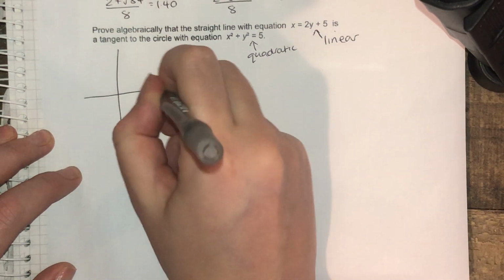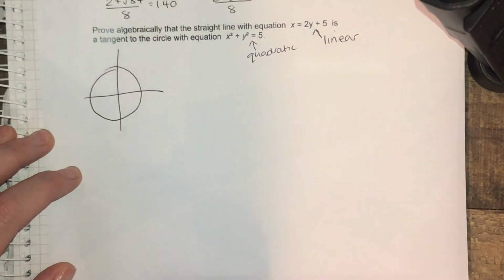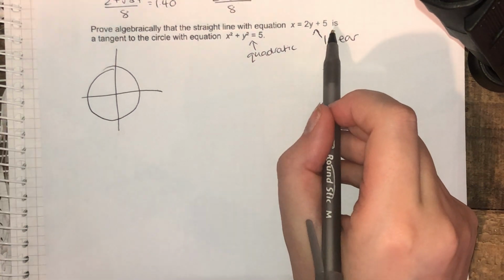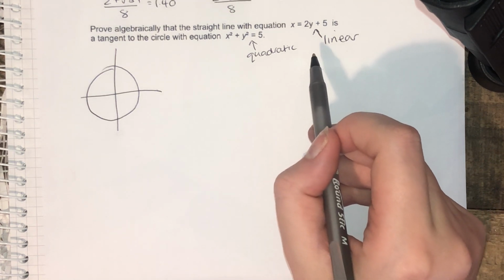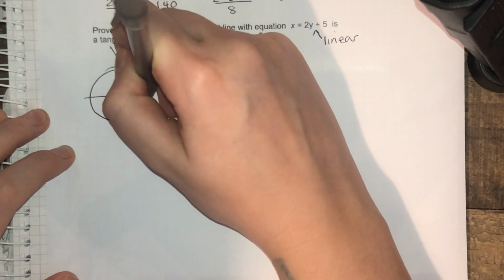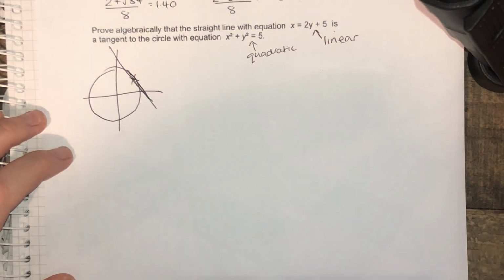So we've got a circle, doesn't matter what it looks like, where it is on the graph, it's just a rough sketch. And we're proving that this line is a tangent to the circle. So if it's a tangent to the circle, that would mean that it touches the circle at exactly one point only.